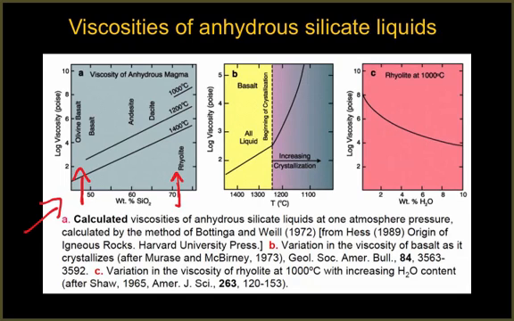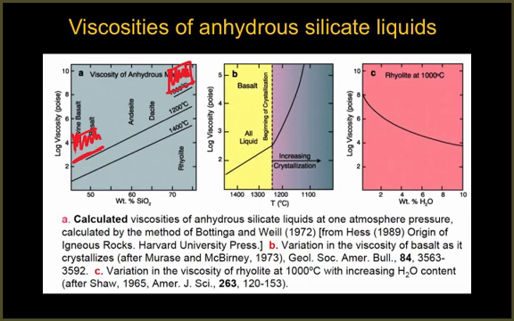And you see these lines showing the effect of viscosity versus temperature. And what you see is that for a basaltic lava that is typically 1200 to 1000 degrees Celsius, so in this range, the viscosities are much lower than a rhyolitic lava that is 800 to 1000 degrees Celsius and has much higher viscosities.